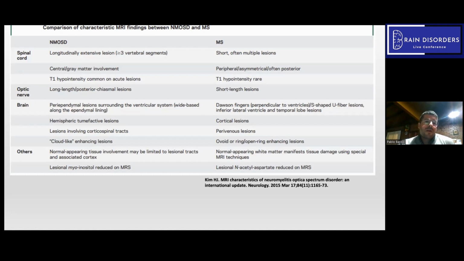We have periependymal lesions surrounding the ventricular system, like the fourth, third, or lateral ventricles, hemispheric tumefactive lesions, lesions involving the corticospinal tracts. And this is very important, cloud-like enhancing lesions. We could have reduced myoinositol, but we don't have the necessary equipment in the consult or in the sanatorium or hospital to measure myoinositol. Next, please.